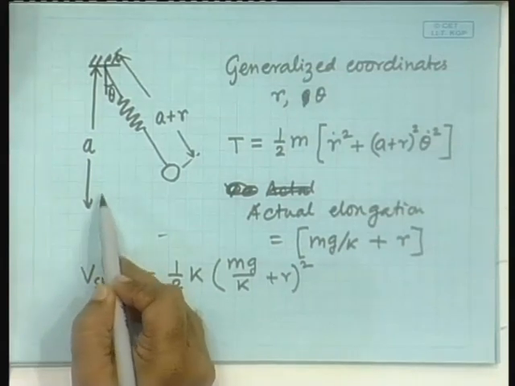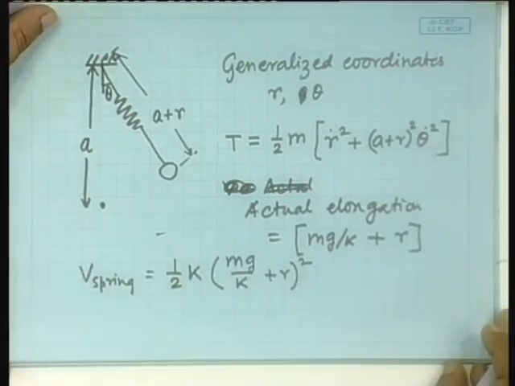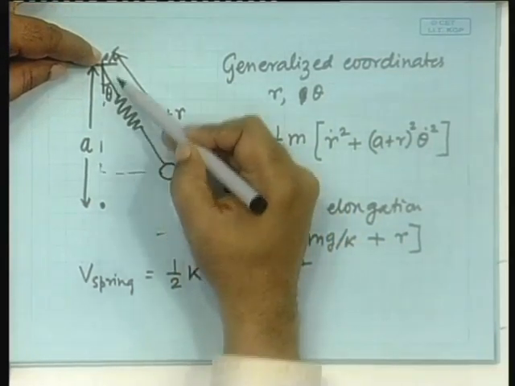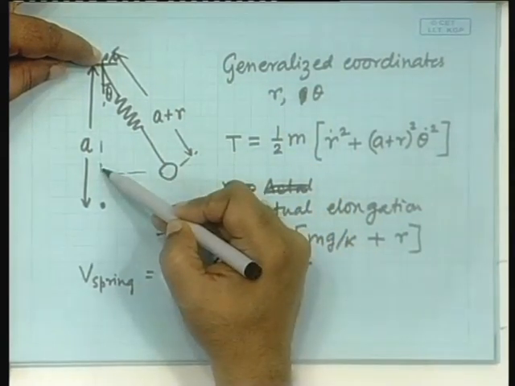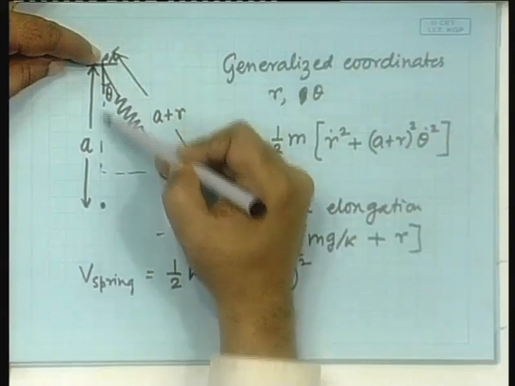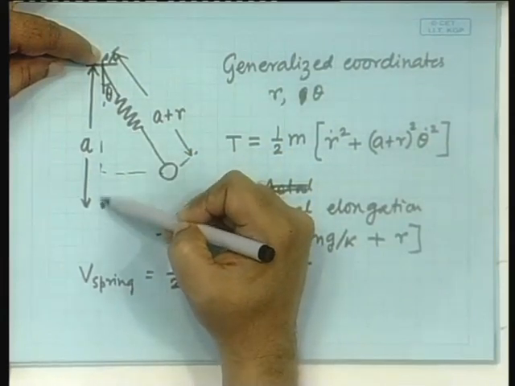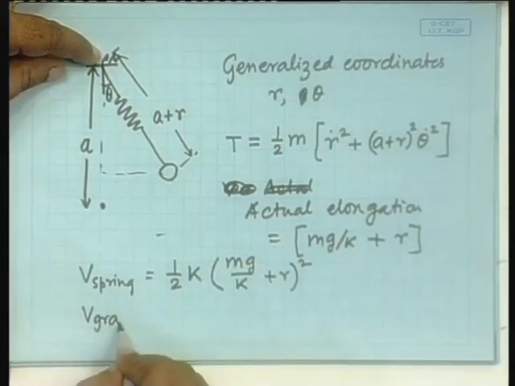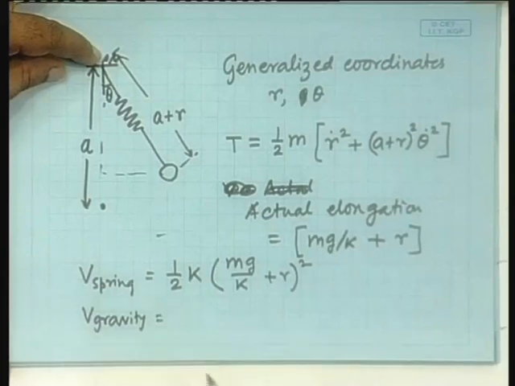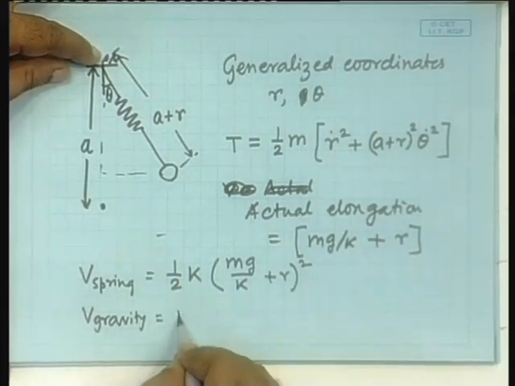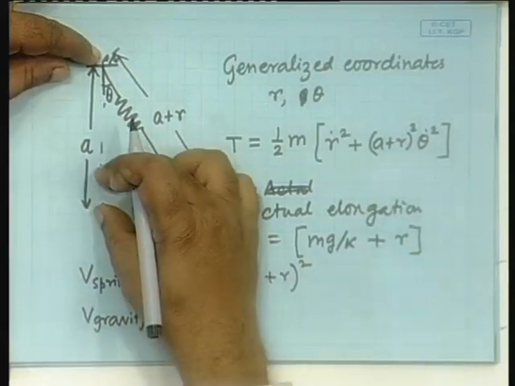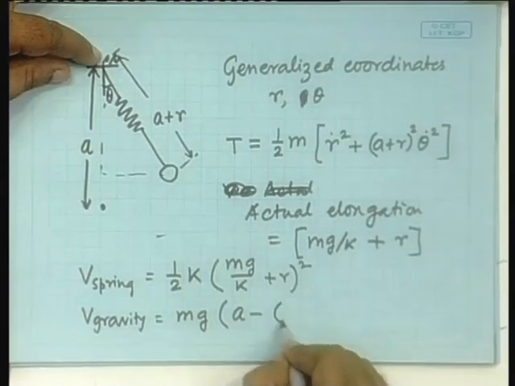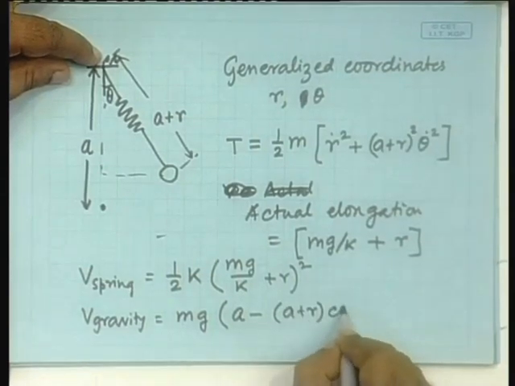So how much has it gone up from that position? This much is a plus r cos theta. So a minus a plus r cos theta is the amount by which it has gone up. So V gravity is mg times this amount, which is a minus a plus r cos theta.